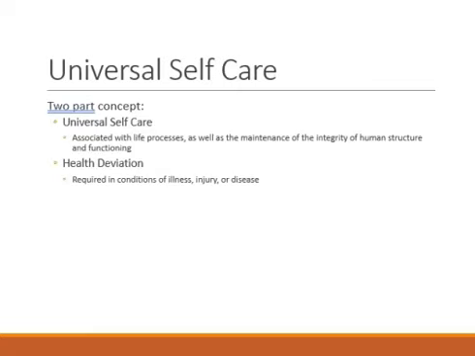So universal self-care is a two-part concept. The first type is the universal self-care, and it includes the elements commonly found in everyday life that support and encourage normal human growth and development, functioning, things like that.